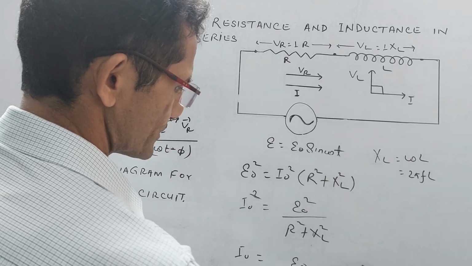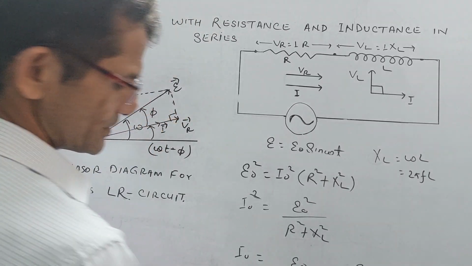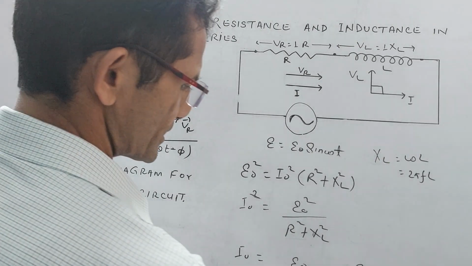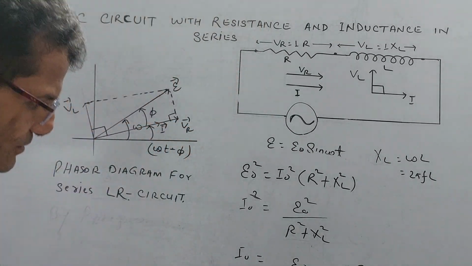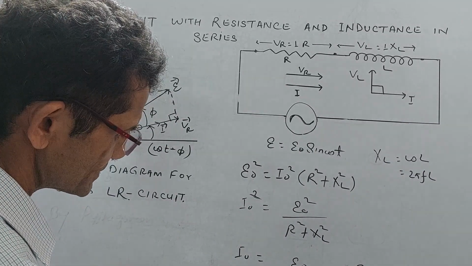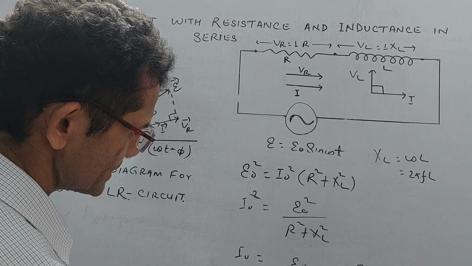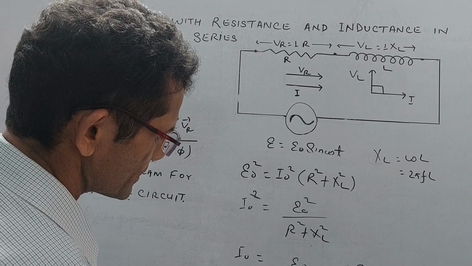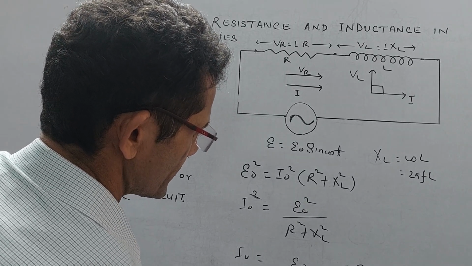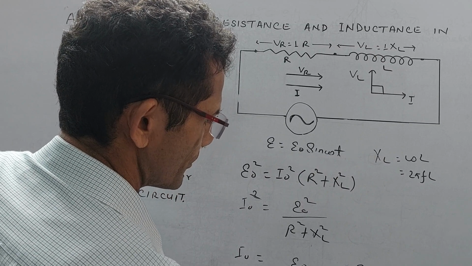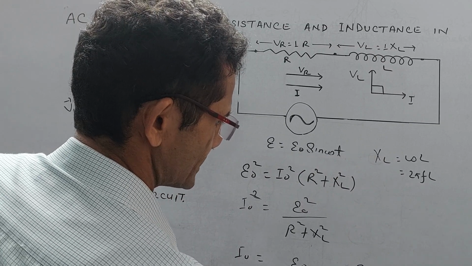Now this under the square root we can write as Z. This Z is known as the impedance. Z is the impedance of the LR circuit.